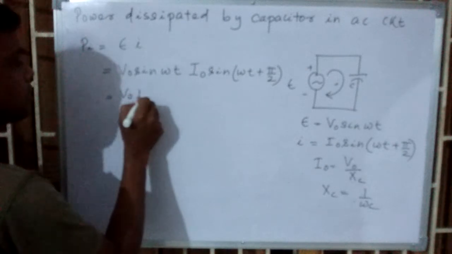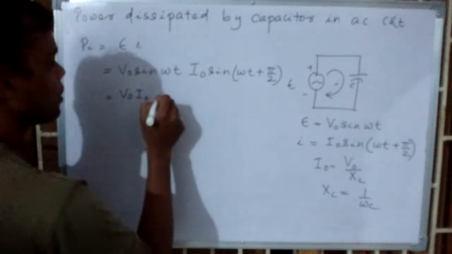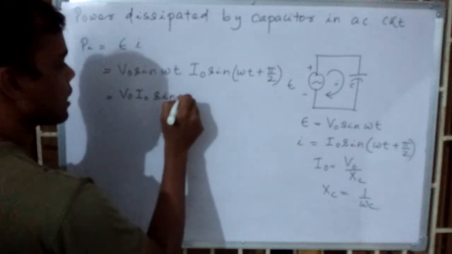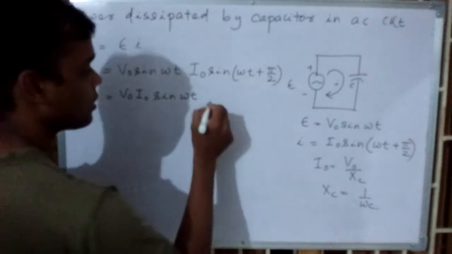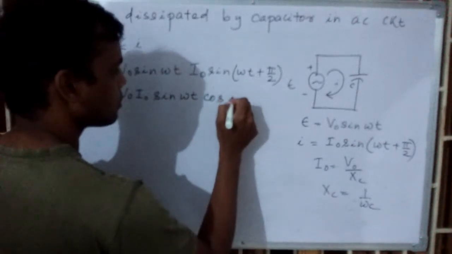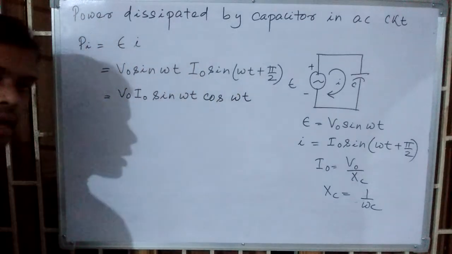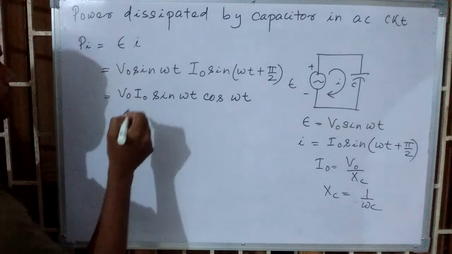This is equal to V naught I naught into sin omega t sin 90 plus theta, cos theta, or cos omega t.